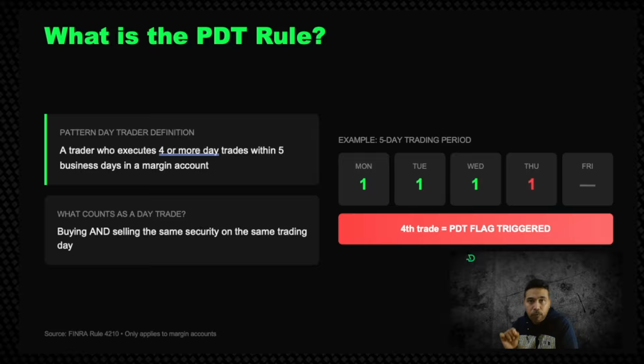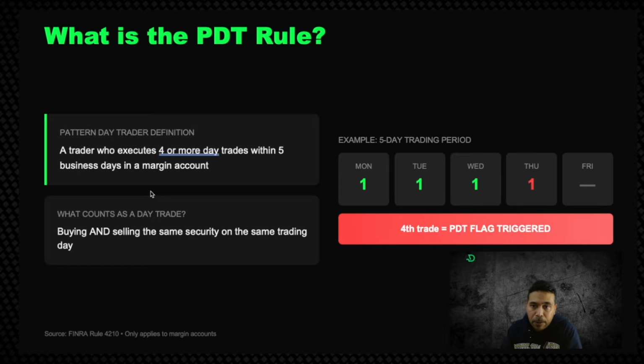So what is the pattern day trade rule, right? This rule only applies to people who have a portfolio value of $25,000 or less. And what the rule says is, if a trader executes 4 or more day trades in 5 business days in a margin account, then they become subject to this pattern day trade rule.